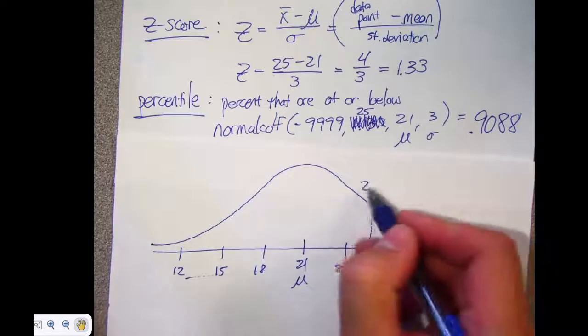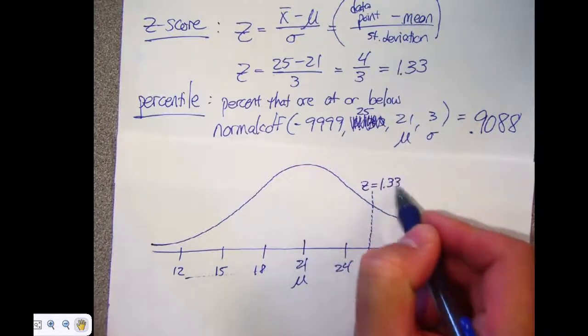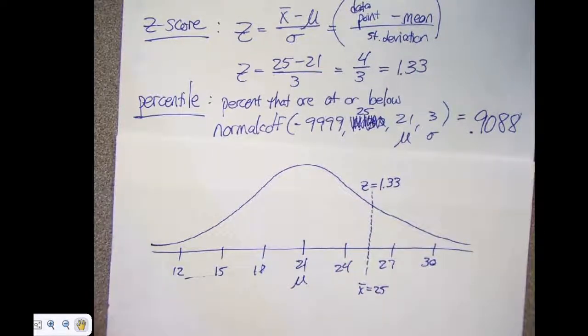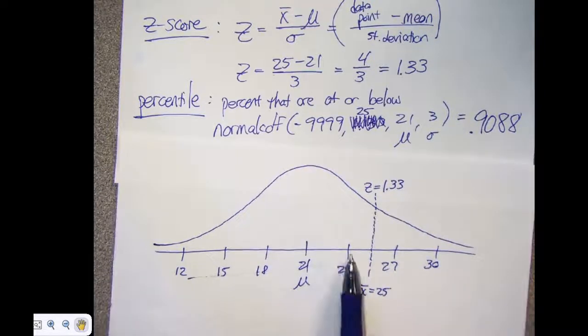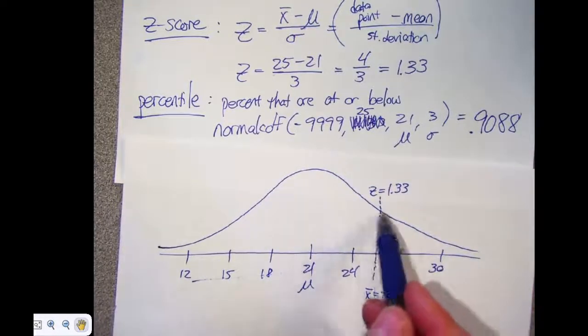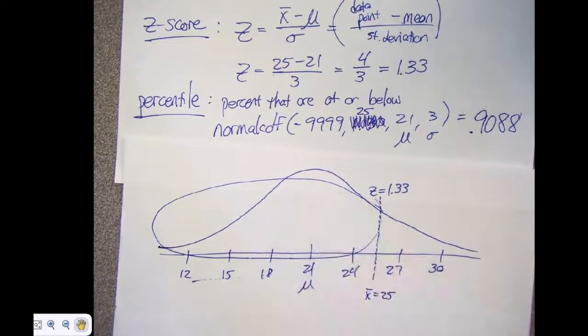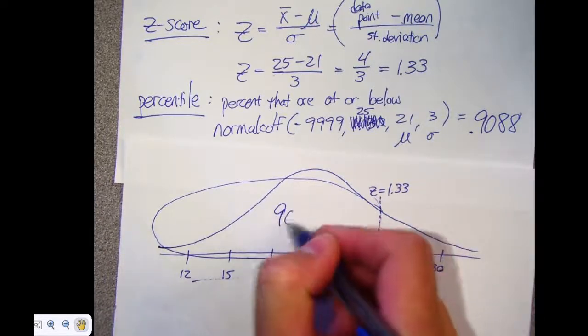And then up here I'm going to put the z-score. So z was 1.33, and what does the 1.33 tell us? We're 1.33 deviations above the mean, right? So 1 deviation above would be 24. We're a little more than that. And then what percent of the data is over here? 90.88%.